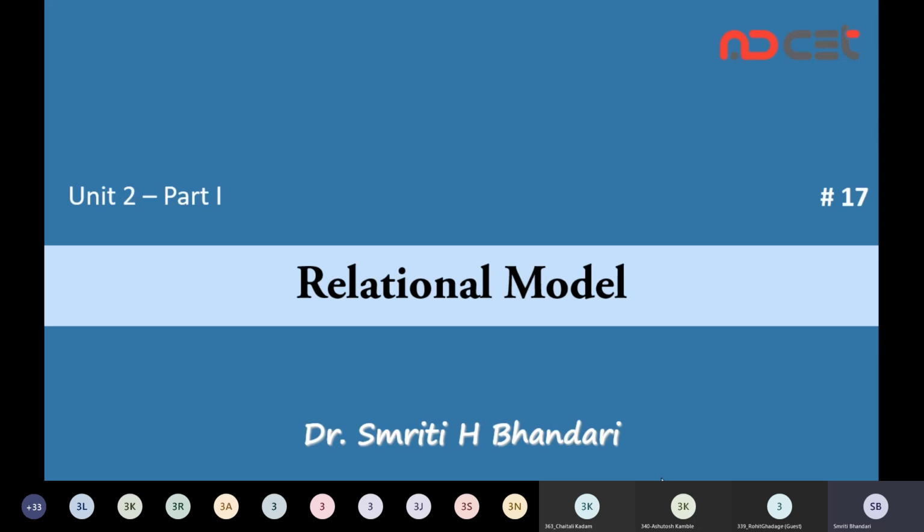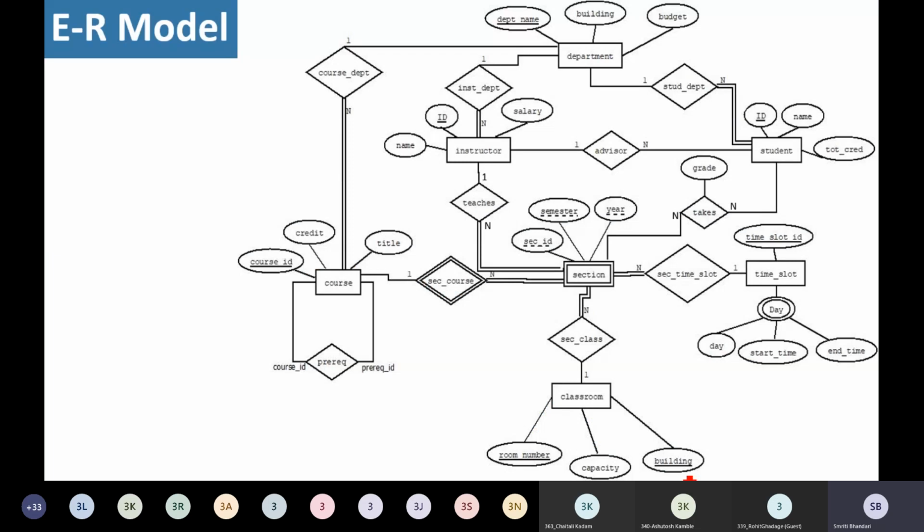So let's begin with the discussion. Here, I hope you have gone through this ER model for the university database, and you must have understood the thought process behind it and how we have made use of various aspects of the ER diagram that we have studied.